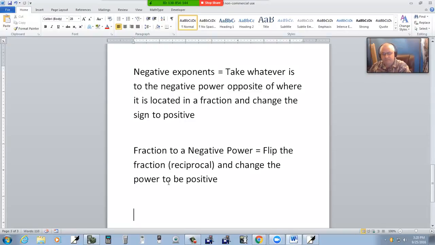Now this should be called, it's not, but it should be called the distributive property of exponents.